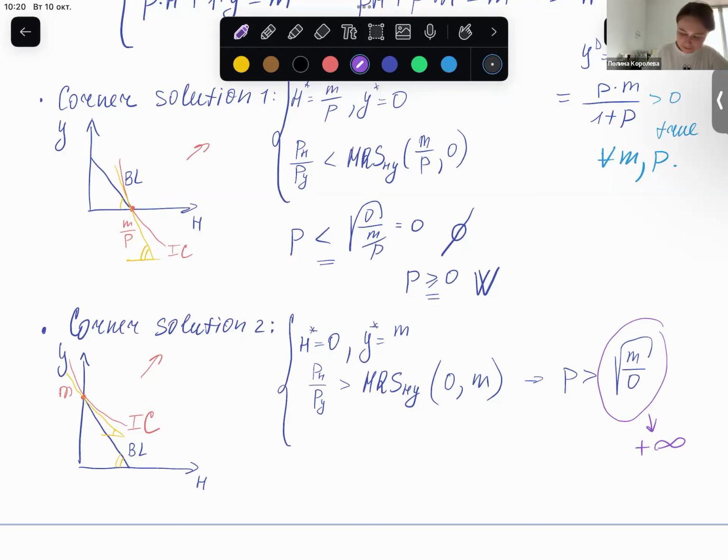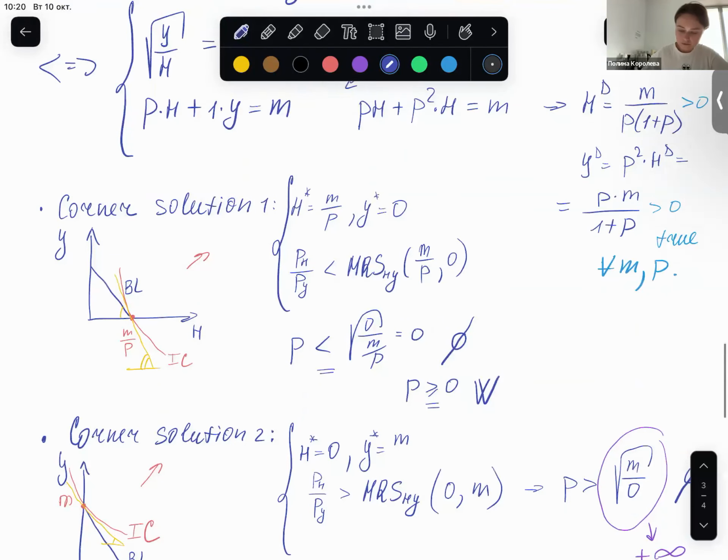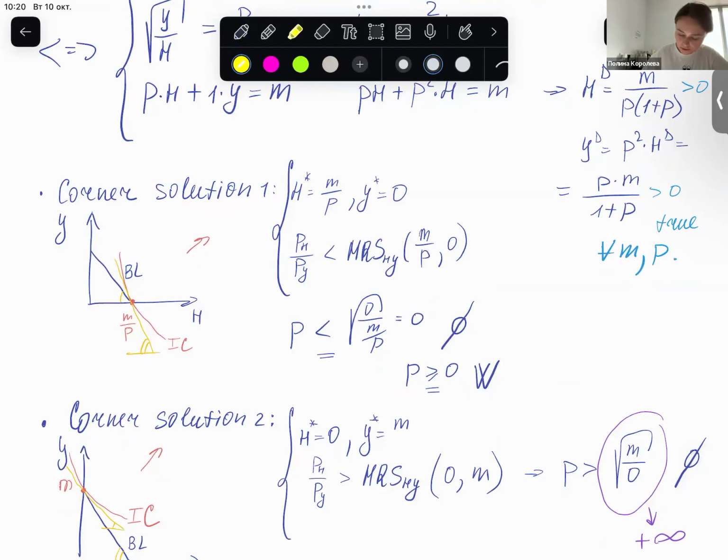And also, we make the conclusion that such a corner solution does not exist. After checking all situations, all solutions, we come to the conclusion that these are the demands. This is the answer for our task. This is the answer.